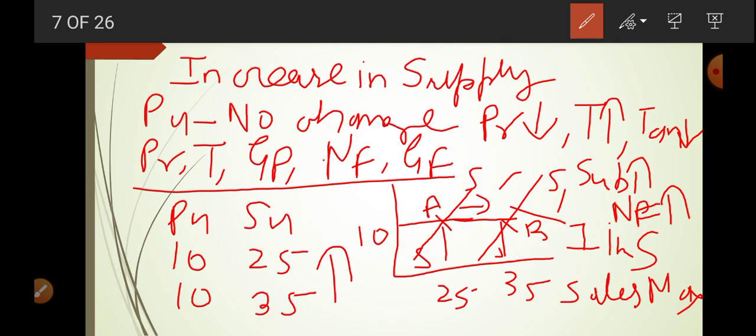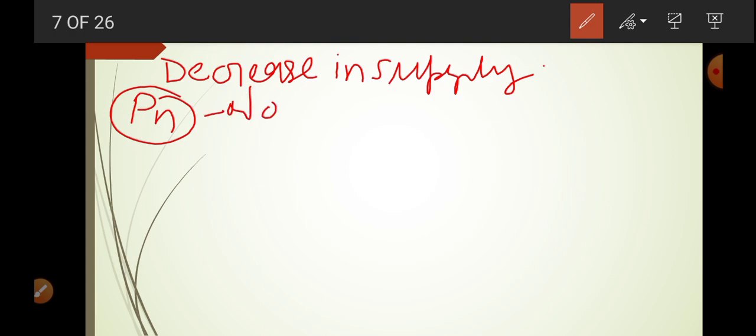Okay students, now if I explain decrease in supply, again the price of the good is going to be constant, meaning there will be no change in the price.